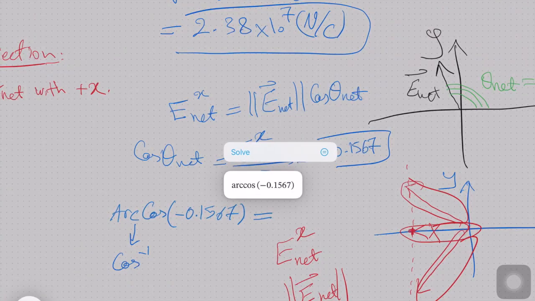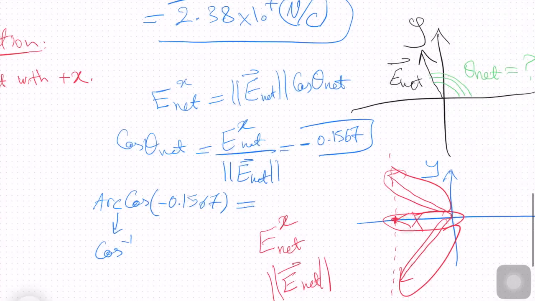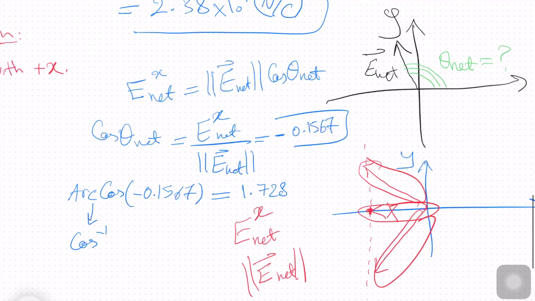Okay, so if you do that, you have to be careful with the unit on your calculator. If you do this in radians, then your calculator should give you something like 1.728.